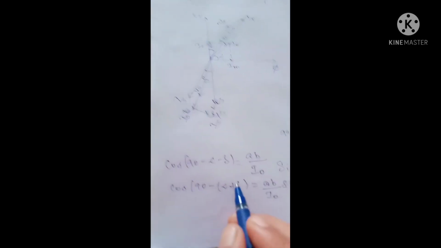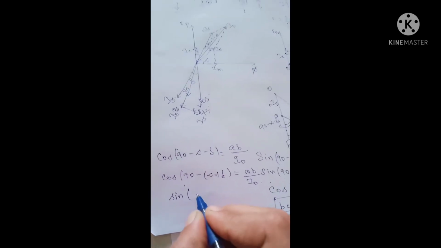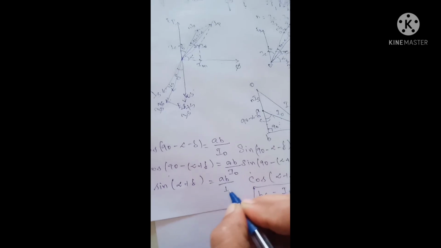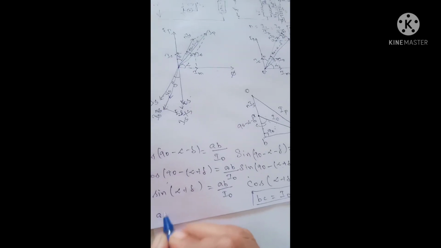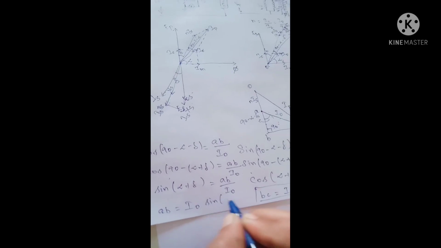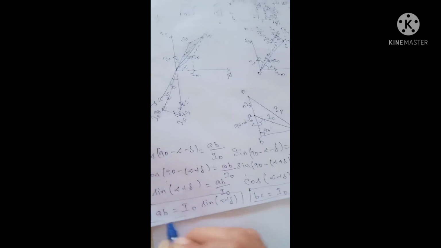Cos of 90 minus theta is sin theta, so sin of alpha plus delta is equal to AB by I naught. So AB is equal to I naught sin of alpha plus delta. We are going to make use of these two terms in our derivation.